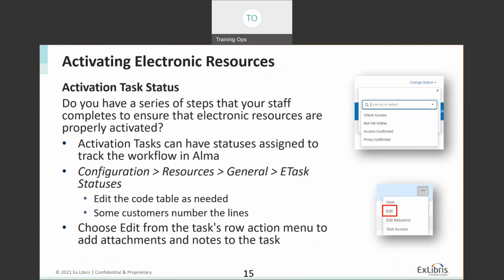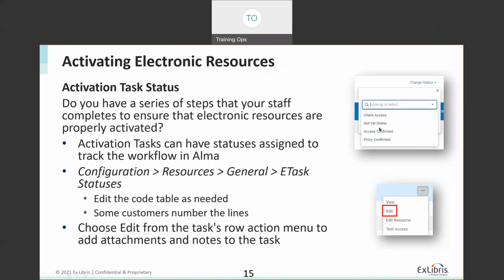When we talk about activation tasks, there is a list up here of statuses. And I don't know if this is what yours looks like out of the box or not. But here's a list: check access, not yet online, access confirmed, proxy confirmed.